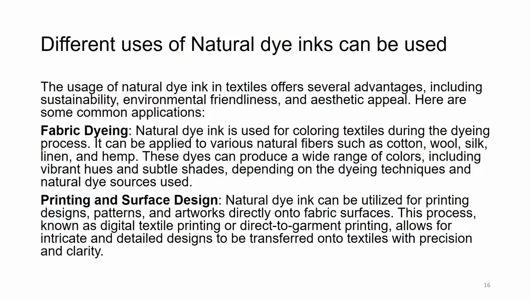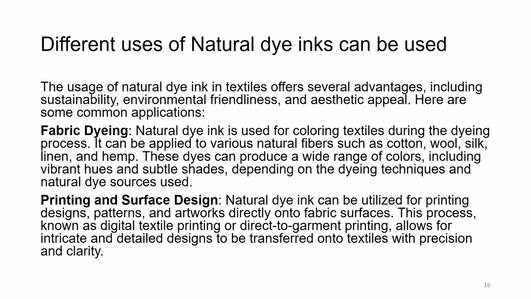Different uses of natural dye ink. Natural dye ink can be used in textile and it offers several advantages including sustainability, environmental friendliness and aesthetic appeal. Here are some of the common applications where they can be used. Natural dye ink is used for coloring textile during the dyeing process.